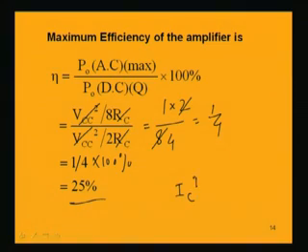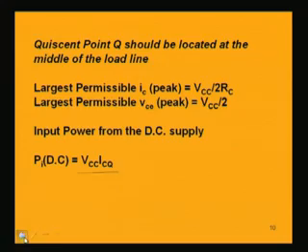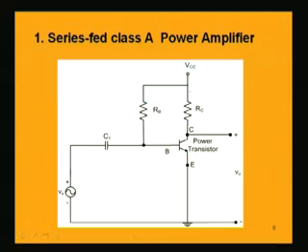But another point to be noted in this type of class A amplifier is the IC square RC power loss, this is also a wastage of power, because of the DC current always flowing throughout the operation. A constant DC current IC is always flowing in this transistor for the whole cycle. So, IC square RC, that is the I square R loss, is the loss occurring in the resistance which is connected in the collector of this transistor amplifier.